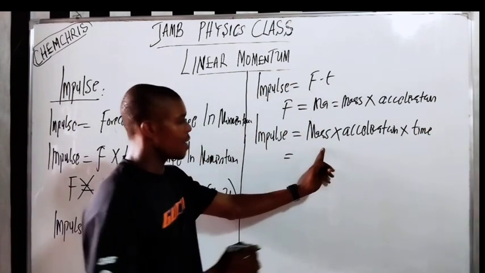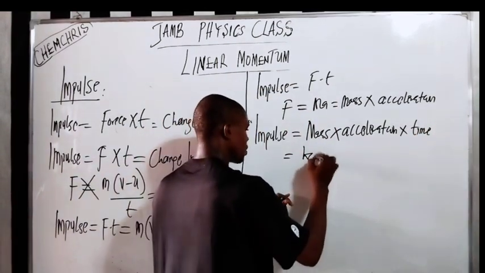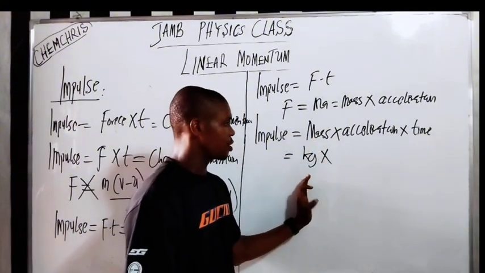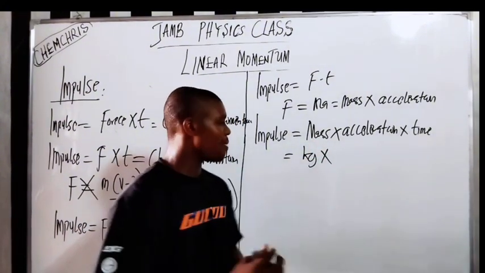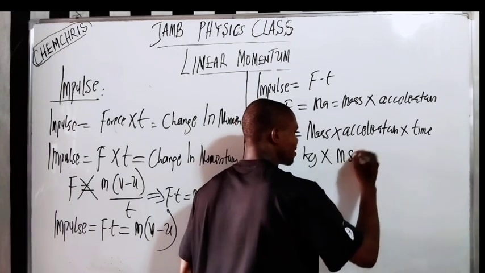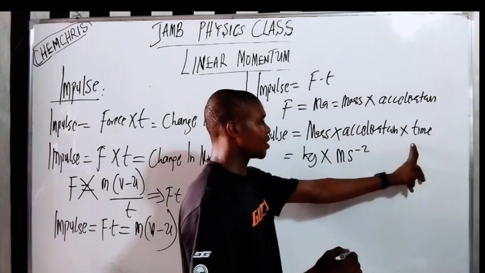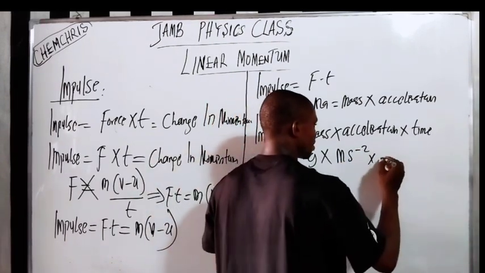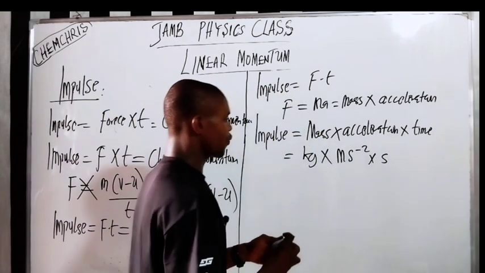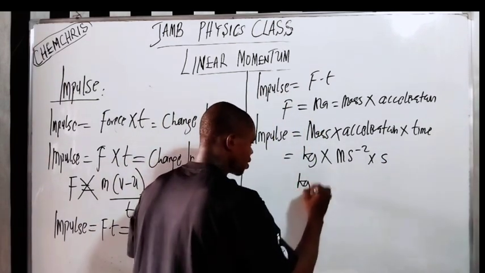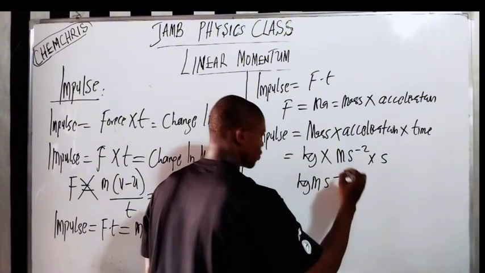Now, what is the unit of mass? Mass is measured in kg. What is the unit of acceleration? Meter per second square. What is the unit of time? Seconds. So if you break it down here, I would have kg meter per second.